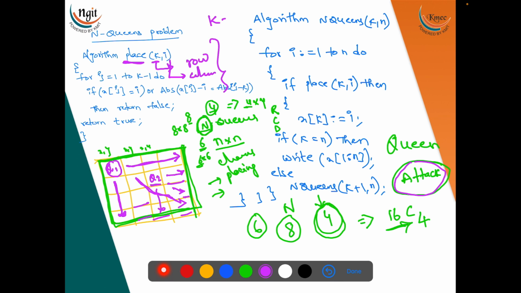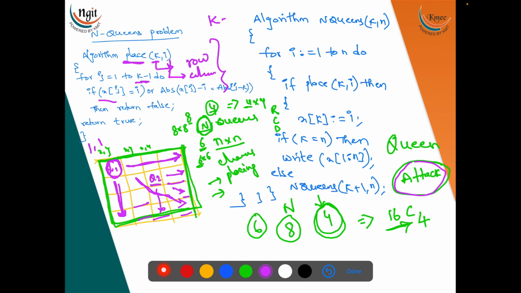Now, if I want to place a queen in the kth row, ith column, that means in the first row, first column, and I place q1, then these cells are blocked, correct? So what we are going to do is iterate the loop from j equal to 1 to k minus 1 to place the next queen.